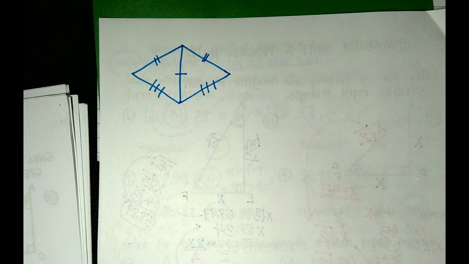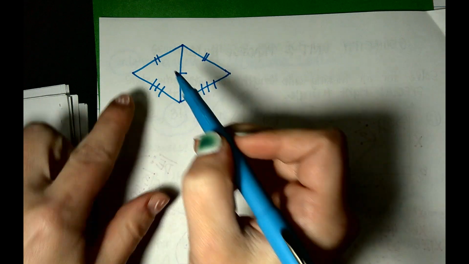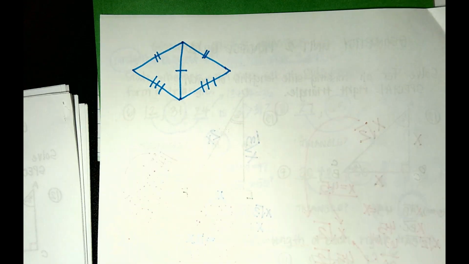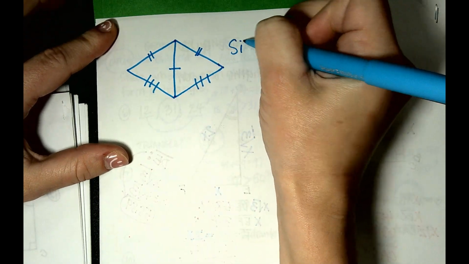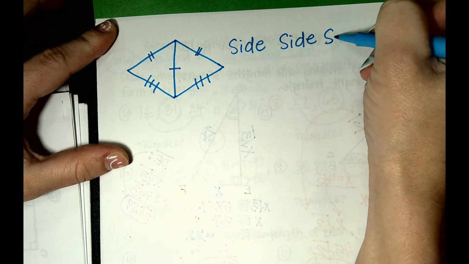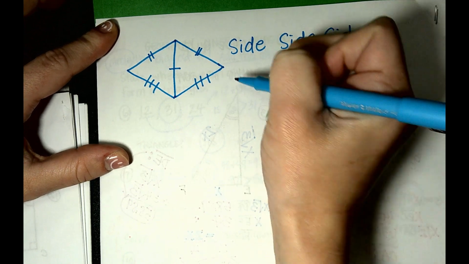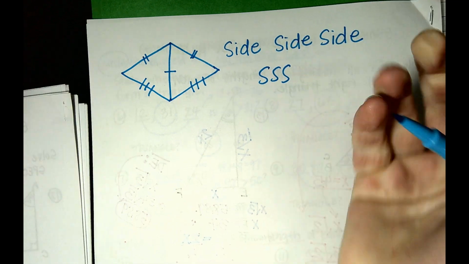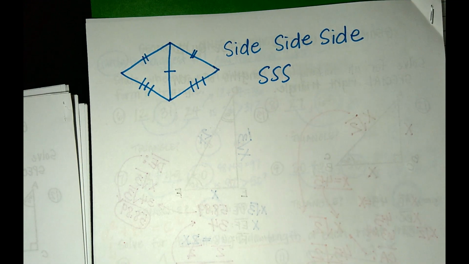This would be side, side, side congruence, SSS, because it's only sides. Okay, so I'm going to write side, side, side, SSS.